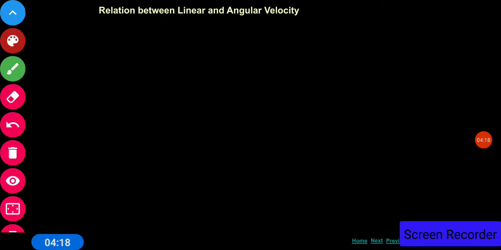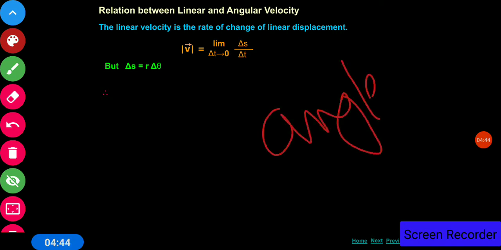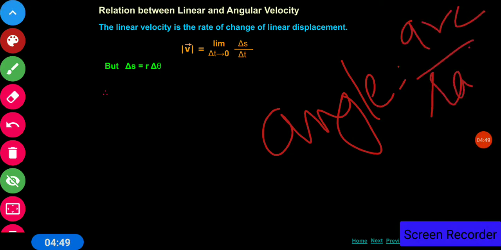Now the relation between linear and angular velocity. The linear velocity is the rate of change of linear displacement. So v is equal to limit del t tends to 0 of del s upon del t. But del s is equal to r del theta. How is it? We know that del s is the arc length, and angle is equal to arc upon radius.